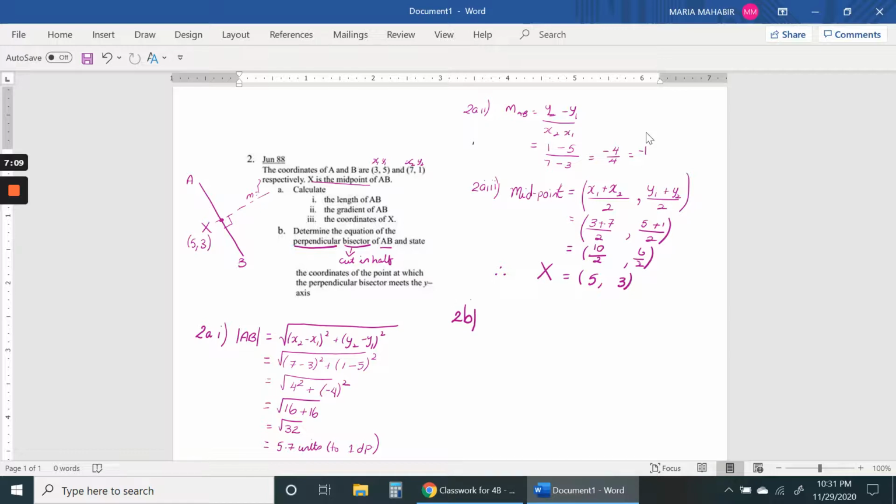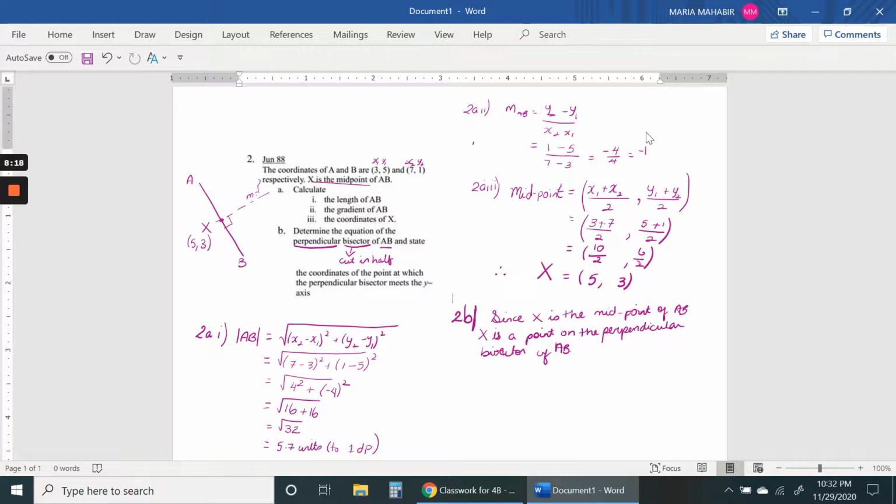So let's start. Since X is the midpoint of AB, X is a point on the perpendicular bisector of AB. So that's one thing we know.